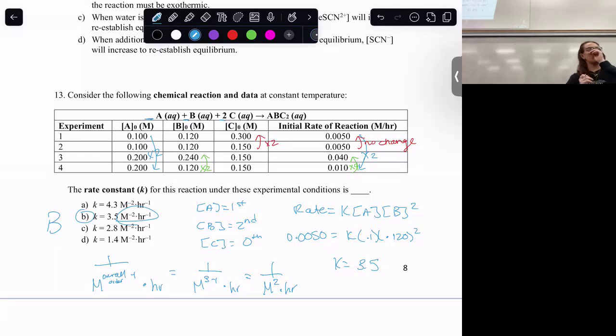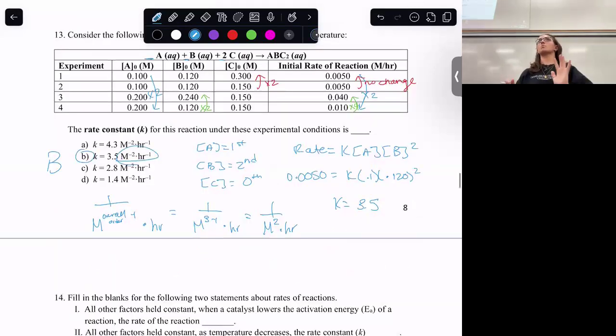Okay, when in doubt, if you can't see just based off of times 2 or times 4, you can always write the rate law for that experiment. So you can always write it between 1 and 4.